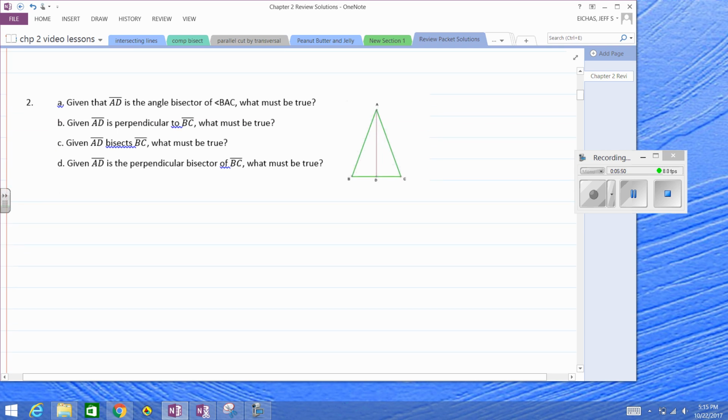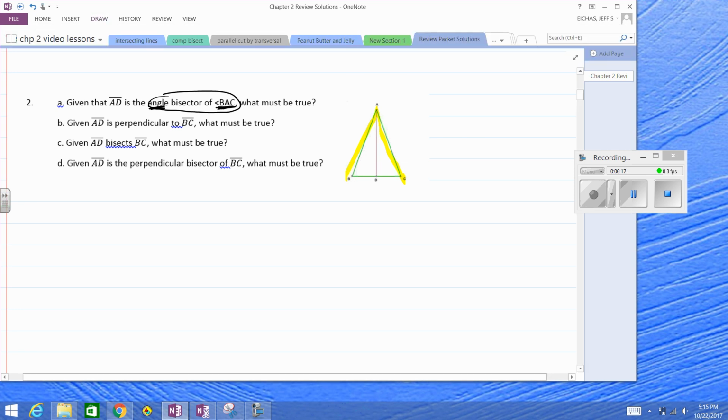All right, so AD is the angle bisector. We have to really pay attention to angle BAC. Even if it didn't say angle bisector, if it's bisecting an angle, we've got to produce two congruent angles. Let's trace angle BAC. What they're saying is that this line cuts that perfectly into two equal angles.